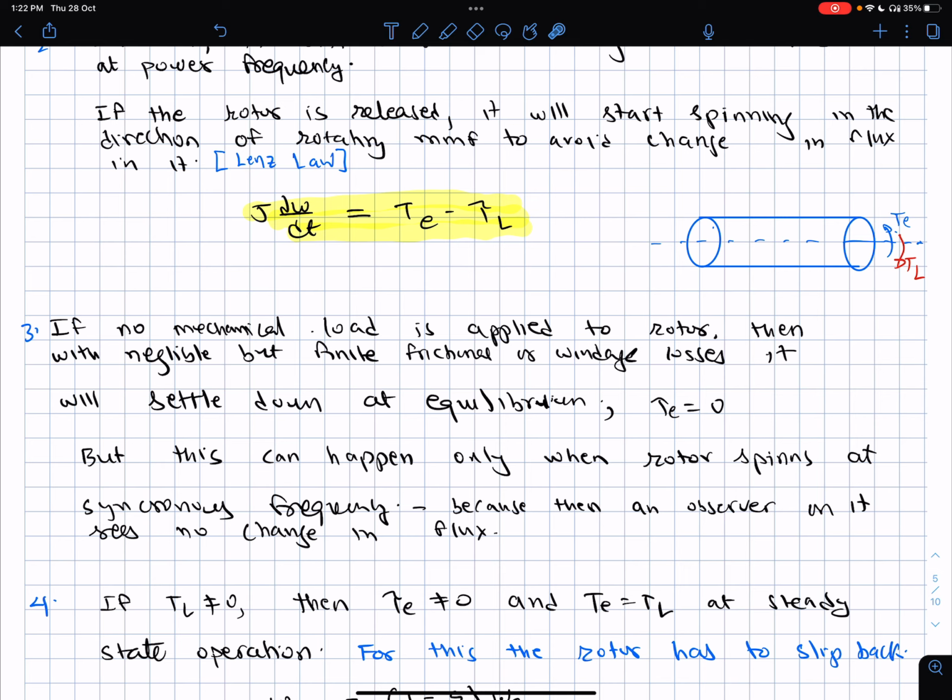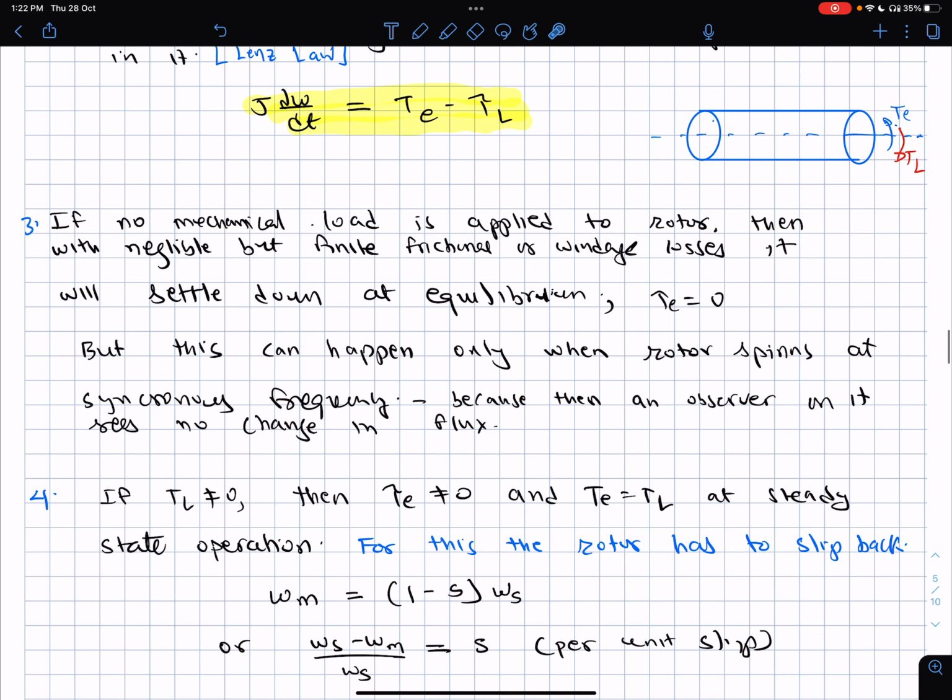When will there be no current in the rotor winding? When the rotor winding itself rotates at synchronous speed. So only then there will not be any torque which will be induced in the rotor structure.